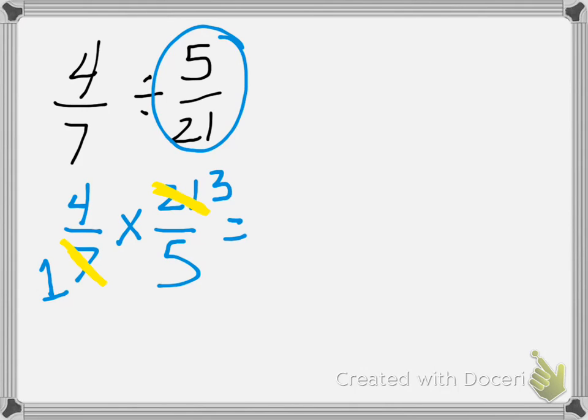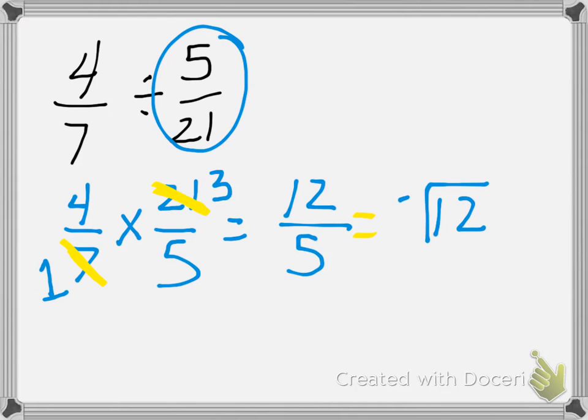So now I can multiply numerator times numerator. 4 times 3 is 12. And denominator times denominator, 1 times 5 is 5. And I get 12/5. Now 12/5 is an improper fraction, meaning that our numerator is larger than our denominator. So we're going to take this, and remember that a fraction is a division problem. 12 divided by 5.